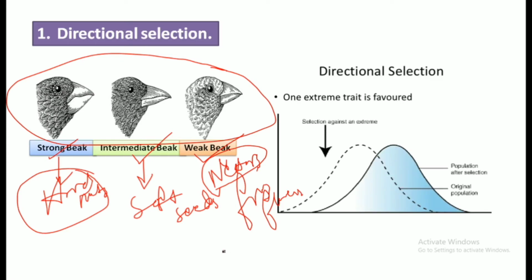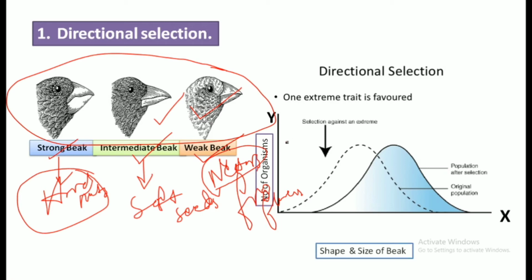Now consider that in the beginning, the finch population that had the highest number was that of the thin and moderate beak. When you plot this graph, we have taken the number of organisms on the y-axis, and on the x-axis we have plotted the beak size and shape.